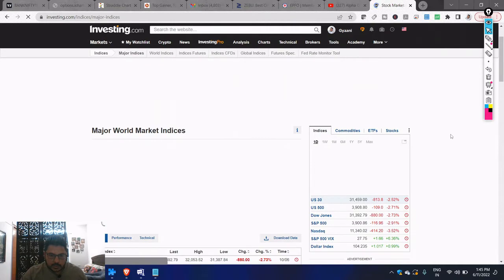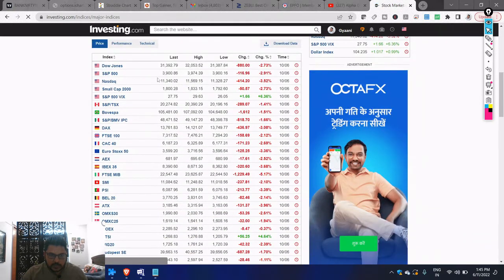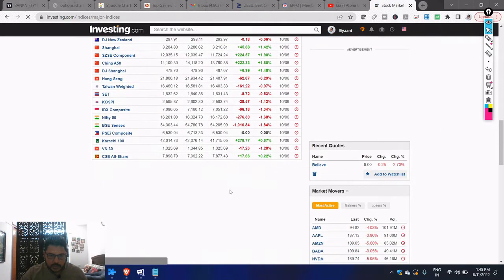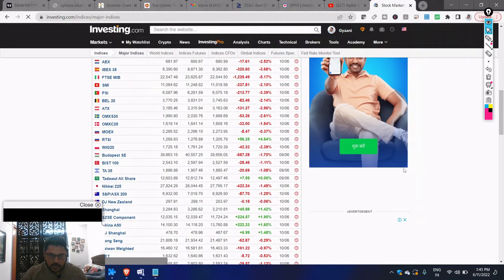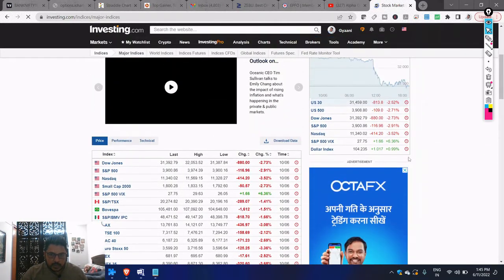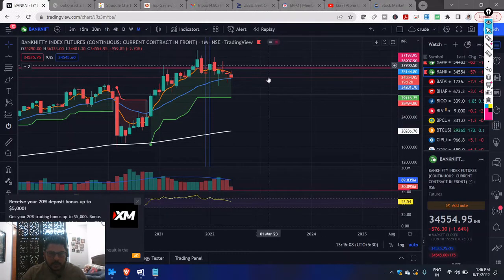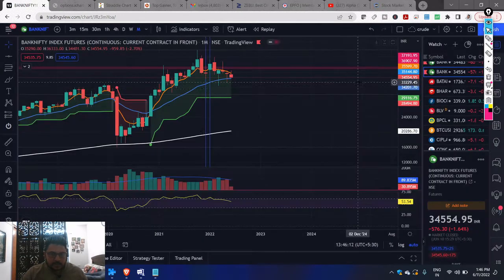And you can see all the world markets are in pretty bad shape. So what is it saying? Any opportunity you get, you need to sell on rise. That means if the market bounces back to the median, which is the 20 period moving average, just try to sell it. So we have to think about selling calls only in our intraday setup.